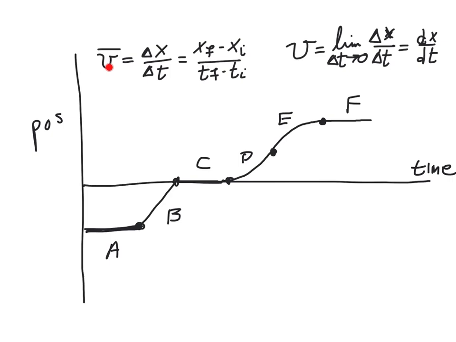Notice that V average is the change in position over the change in time, so the final position minus the initial. If we take the final position of 0 and subtract the initial position, a negative number, we get a positive displacement. And that leads to a positive velocity.